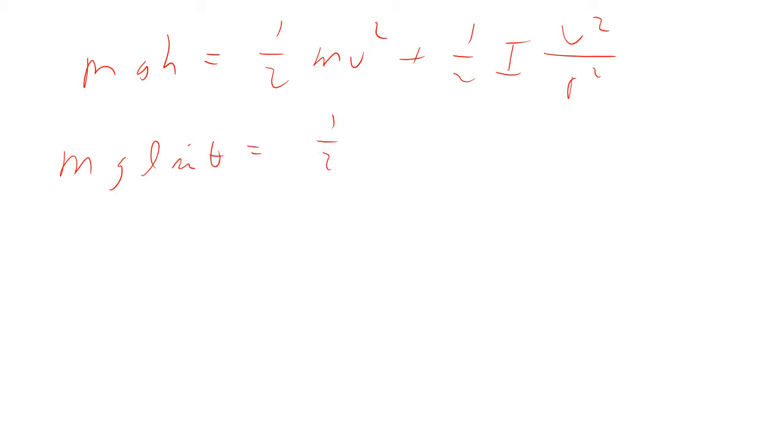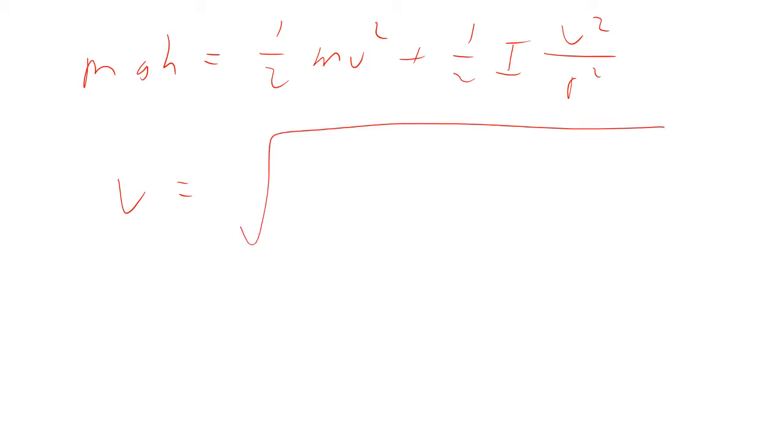We can solve here for v. Now it's a little more complicated. So v is now going to be the square root of 2mgh divided by m plus I over r squared. Okay, so that's how fast it's moving at the bottom.